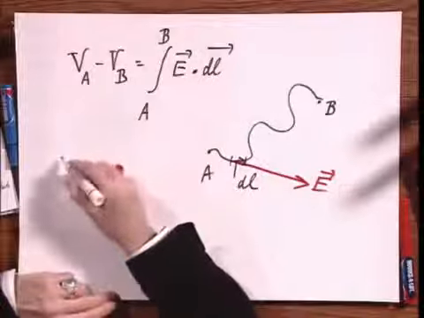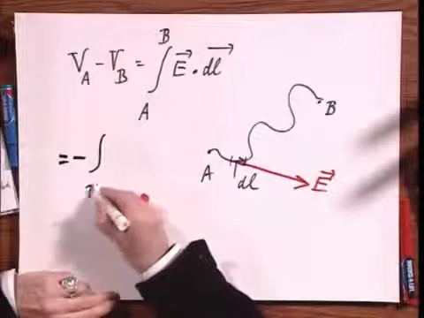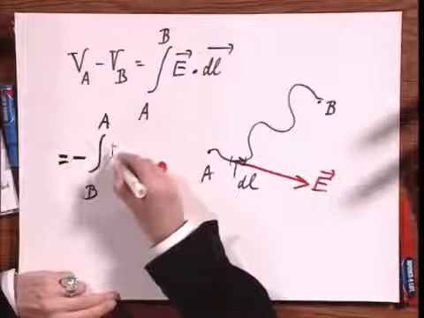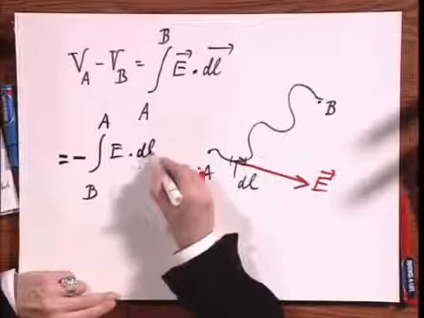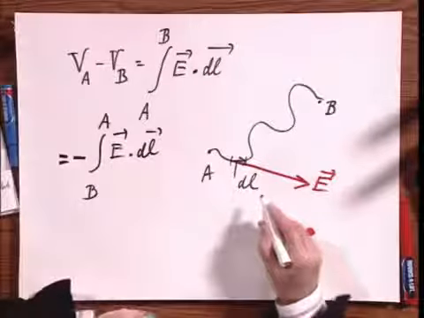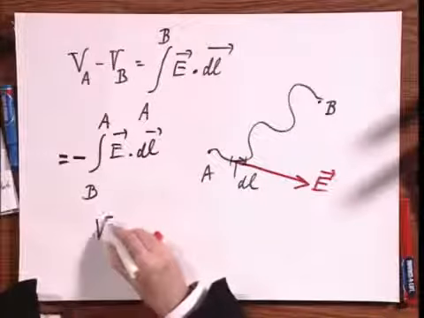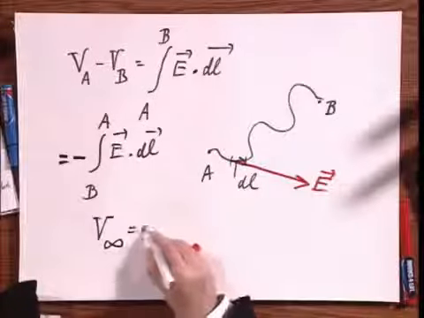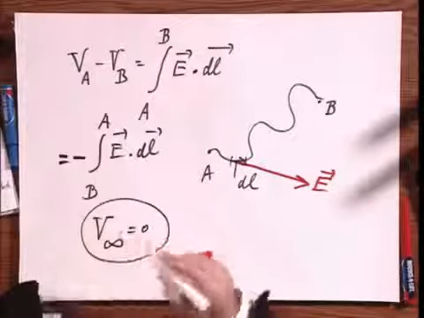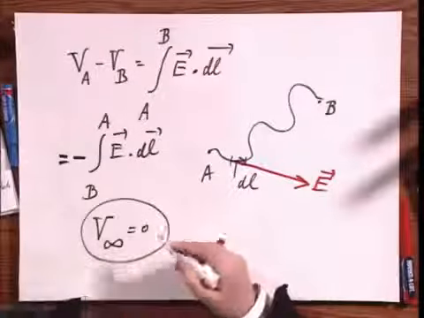Very often you see in books that it is minus the integral in going from B to A of E dot dl, and that of course is exactly the same thing. We often, when we can, define the electric potential at infinity as 0. It's not always possible, as you will see in the future, but whenever we can we do that. It's just convenient.